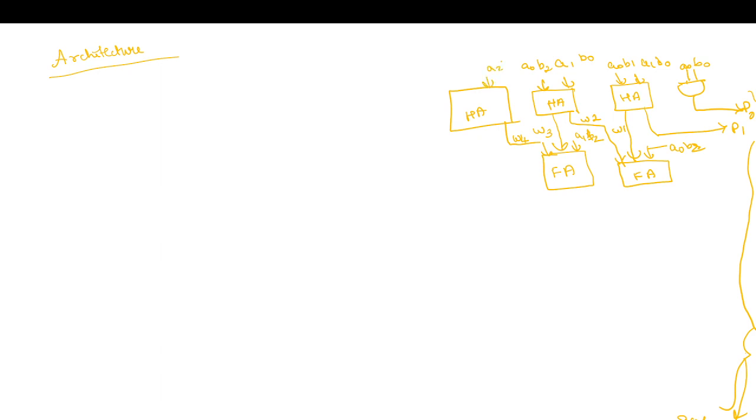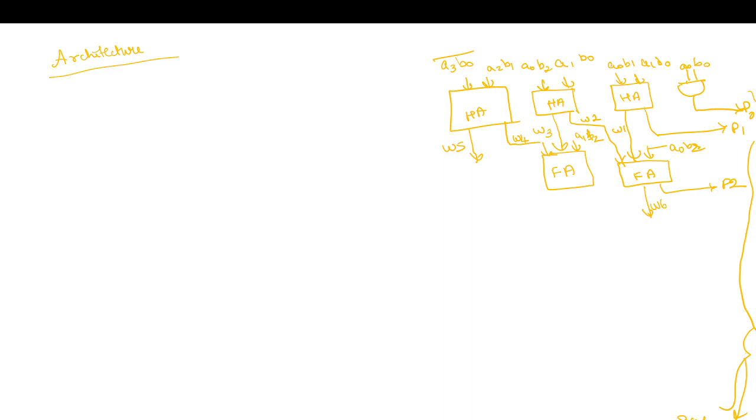So A2 B1, A3 B0, then W5. So 1, 2, 3, 4, 5, and then this sum is product 2.